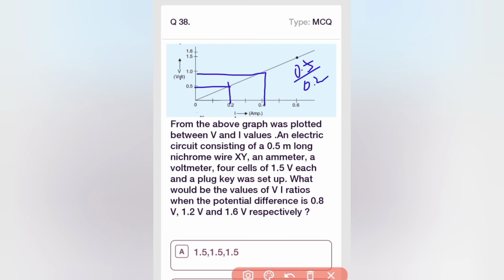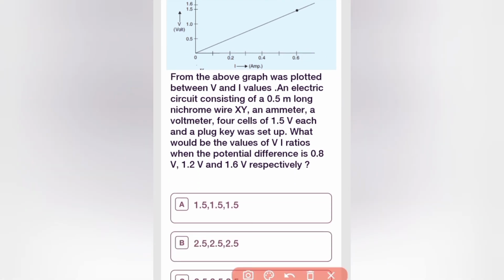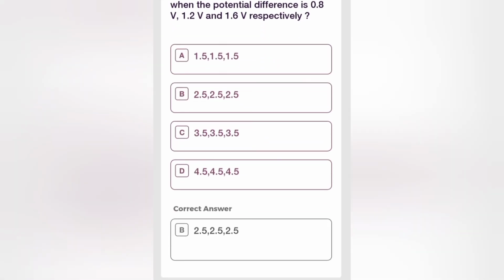Multiply numerator and denominator by 10, so you get 5 by 2, which is 2.5. So the option would be 2.5 everywhere. When we find the resistance, or the slope, it is going to be the same. 2.5 is the correct answer. It is option B.